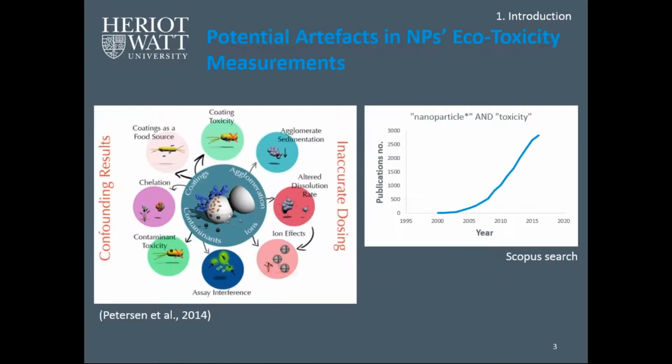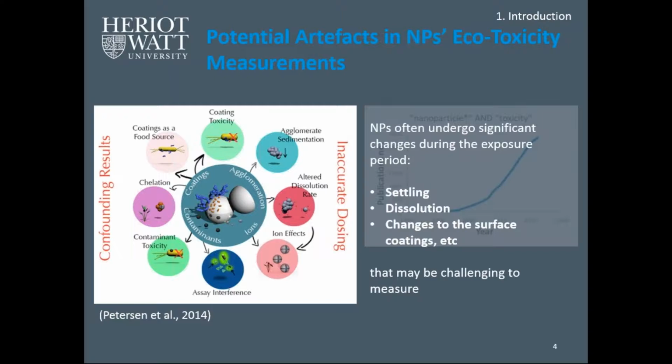The toxicity of nanoparticles has been increasingly studied for the last 12 years. However, it is difficult to assess their ecotoxicity. It is really challenging to measure because nanoparticles often undergo significant changes during the exposure period.